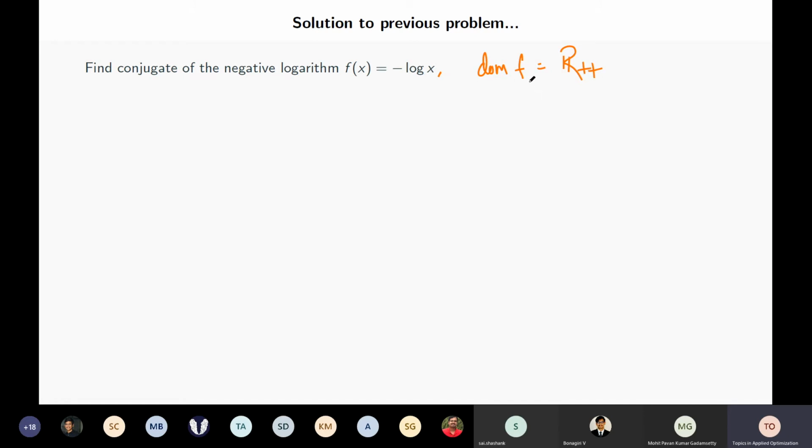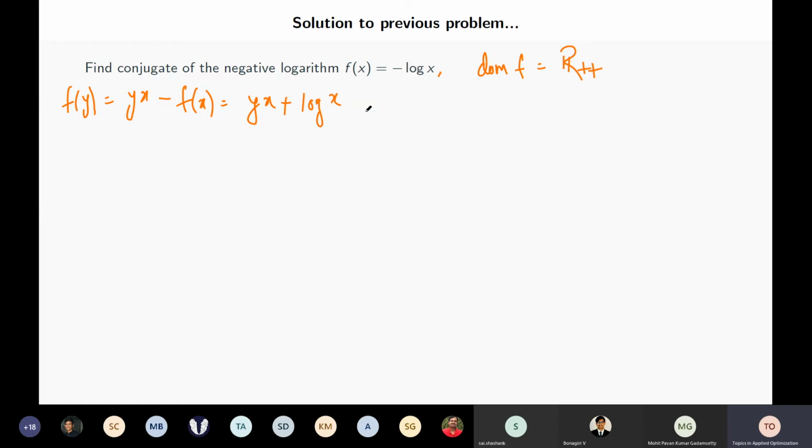Now we will look into f star of y, the way we defined it was y transpose x. In this case, these are real examples, so this is yx minus f of x, which is yx plus log x, right?